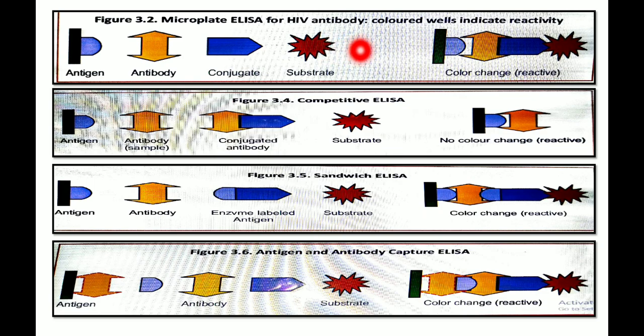The most commonly used is the indirect ELISA method. Now, indirect ELISA method, as you all know, is a technique where HIV antigens are covalently attached to the solid phase support. This allows the HIV antibodies present in the specimen to bind.